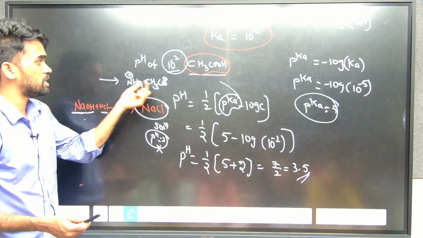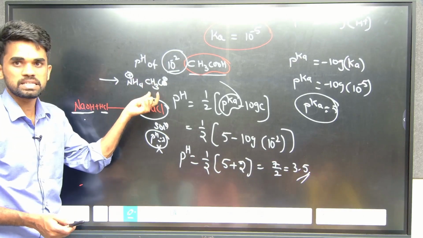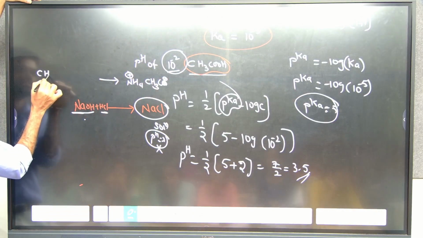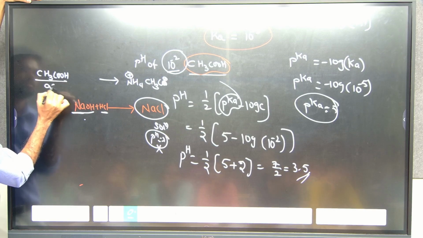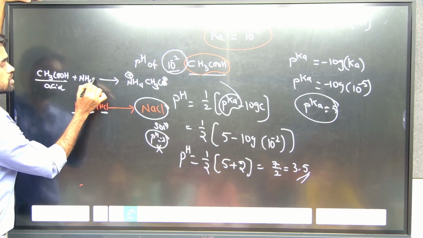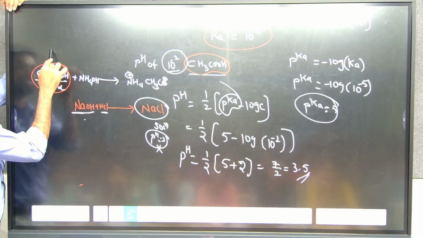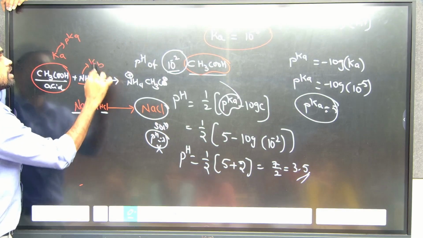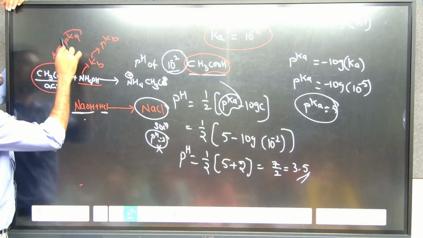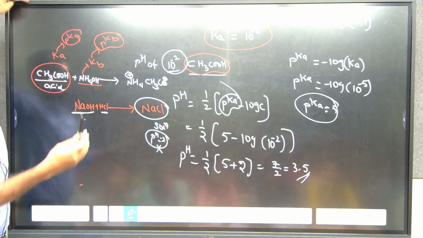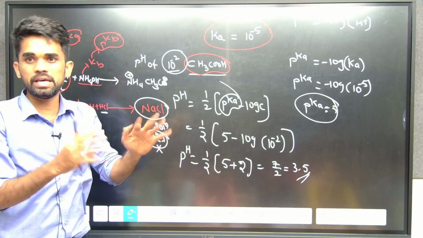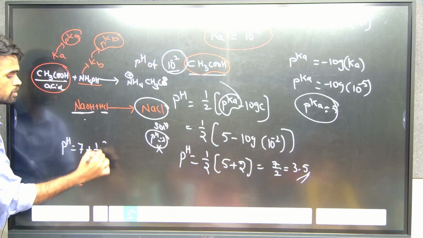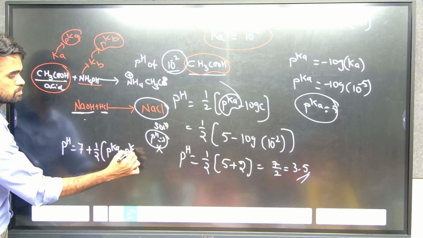Look, I am saying ammonium acetate. Always the negative part comes from the acid and the positive part comes from the base. So now this acetate ion, what is that? CH3COOH, this is an acid, plus NH4OH base. So what do weak acids have? Ka. So that is considered as pKa here. Weak bases will have Kb, considered as pKb. So based on these pKa and pKb values we will decide whether the salt solution will be acidic or basic. Okay, so what is that final formula I told you? pH equals 7 plus half pKa minus pKb.